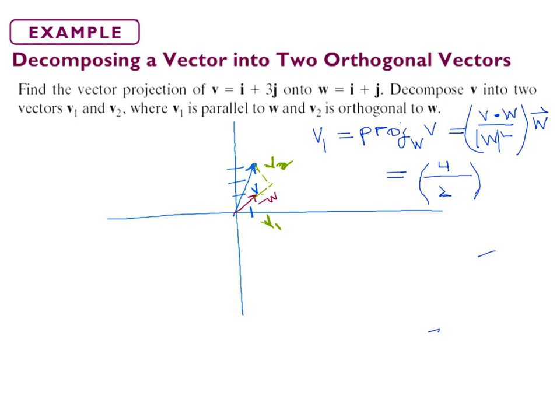So the magnitude of w squared is equal to that, 2. And then times vector w, which is 1, 1, just for ease. Okay? Good so far? All right. So this is equal to 2 times this vector. So my new vector, or my v1 vector, is 2, 2.